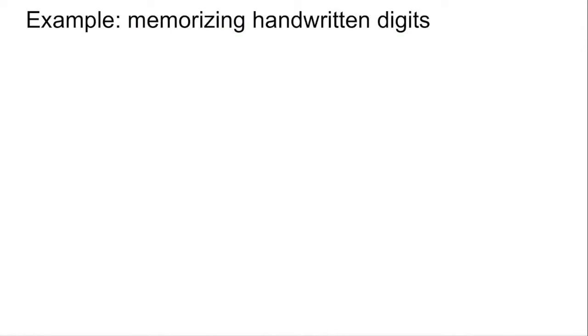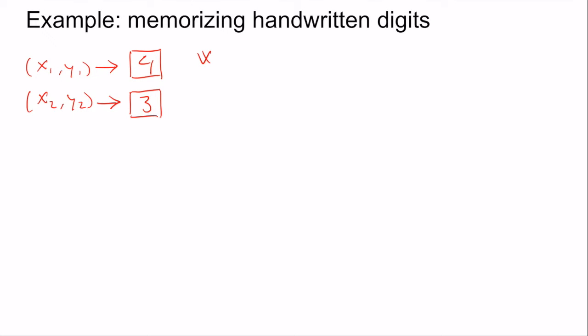Okay. So let's say I want to memorize handwritten digits, and for instance, I could have x1, y1, which could be encoding the digit 4. And then I could have x2, y2, which could be encoding, say, 3. If I memorize these two, then my matrix of weights will be W1, the correlation matrix of x1, y1, plus W2, the correlation matrix of x2 and y2.